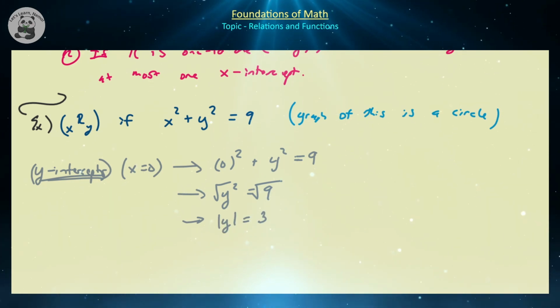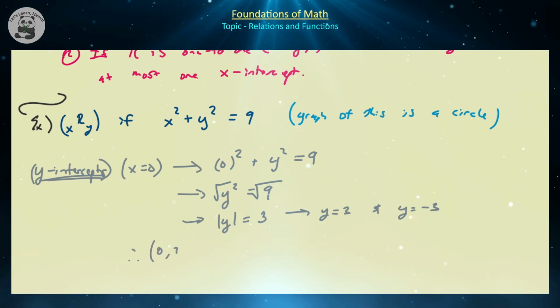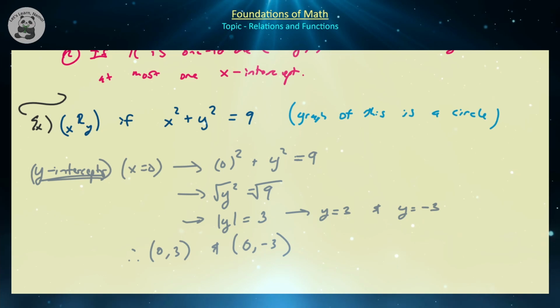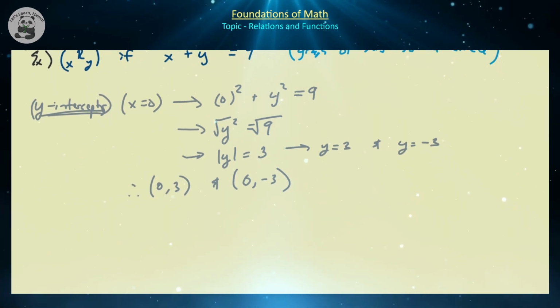There are two values of y that have an absolute value of 3: y is equal to 3, and y is equal to -3. Therefore, our y-intercepts are (0, 3) and (0, -3).